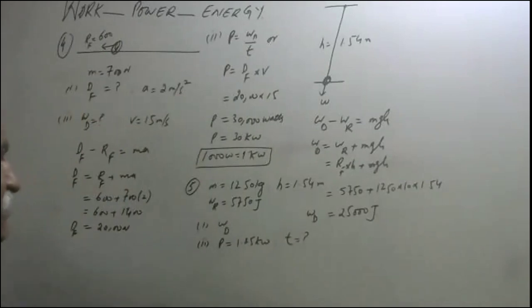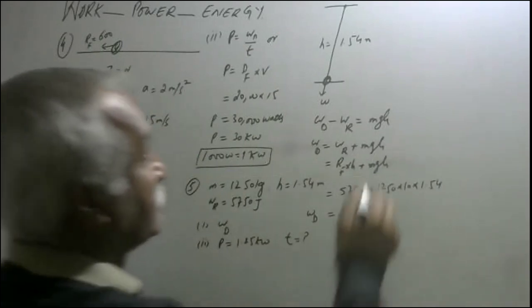The second part: find the time when the power is 1.25 kilowatt.